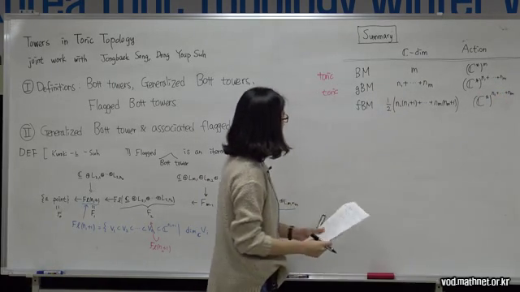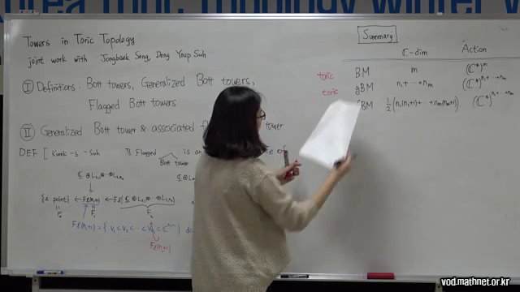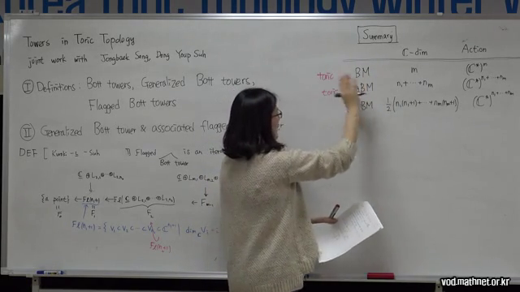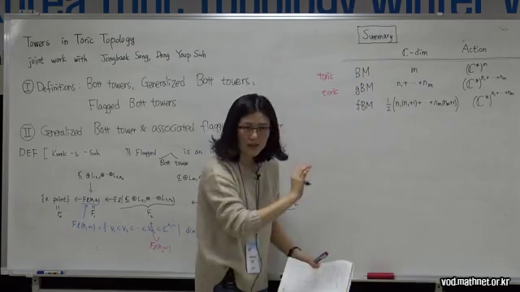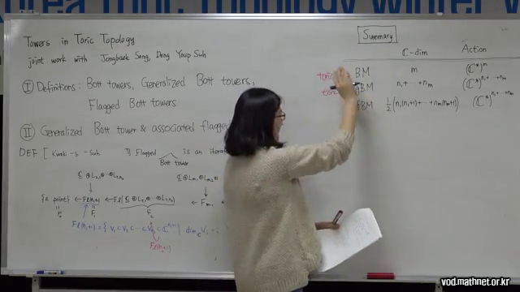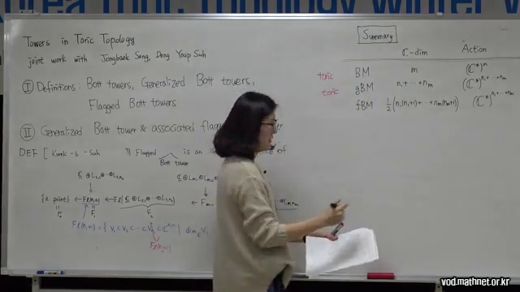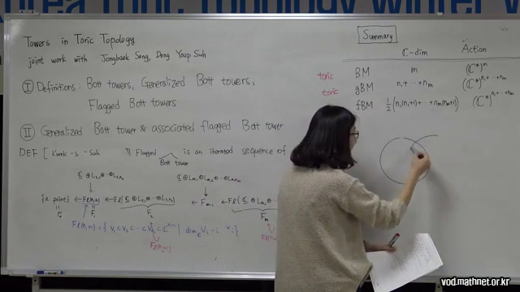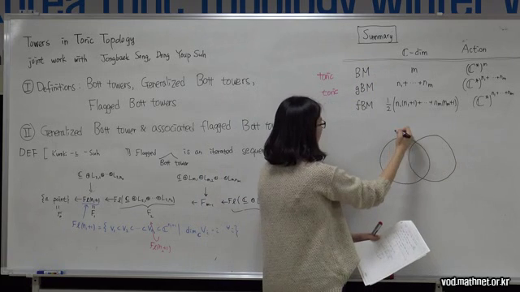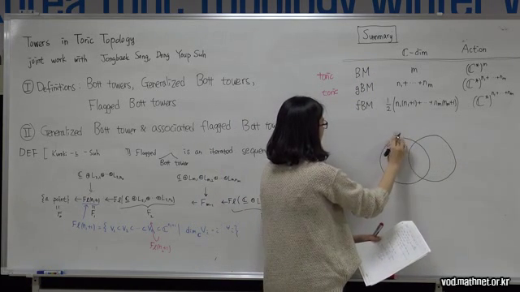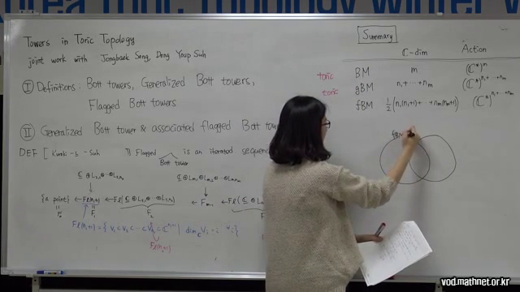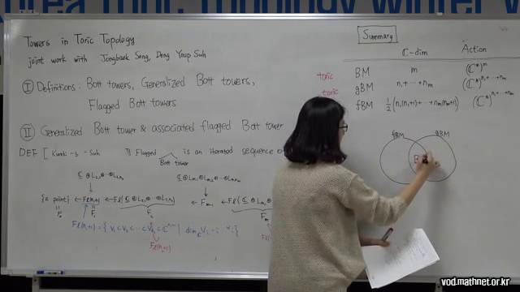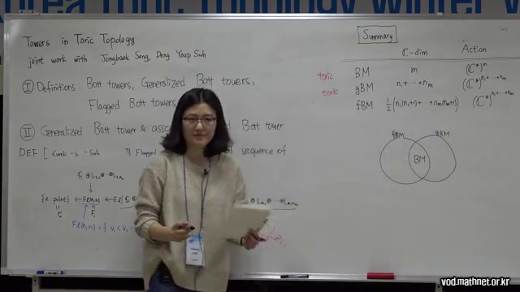And as I mentioned before, the set of Bott manifolds is contained in the set of generalized Bott manifolds, and also this is contained in the set of flag Bott manifolds, and you can draw a Venn diagram like this. Here I would like to put flag Bott manifolds, then generalized Bott manifolds, and you have Bott manifolds on there.